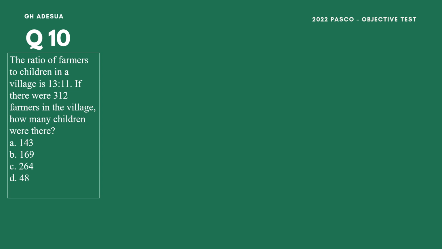So if the farmers' ratio is 13, the total number of farmers is 312. And for the ratio of 11, which is for children, we are here to find the x number of children.